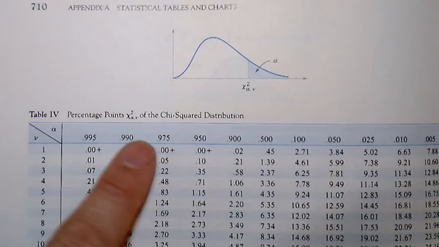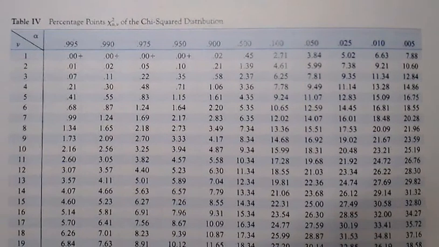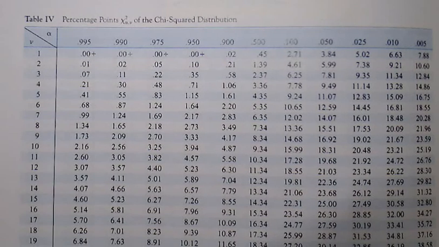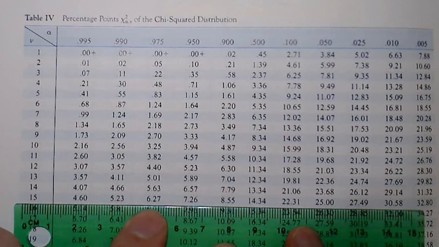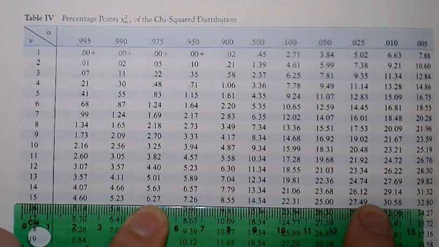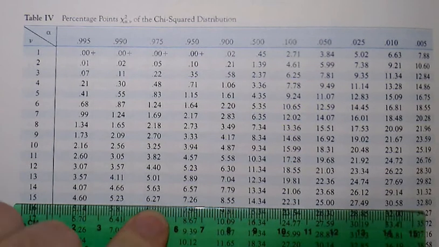We have to go in and do this twice, and we'll go down to where our degrees of freedom are located, and we get 6.275 and 27.49. So 6.27 and 27.49.